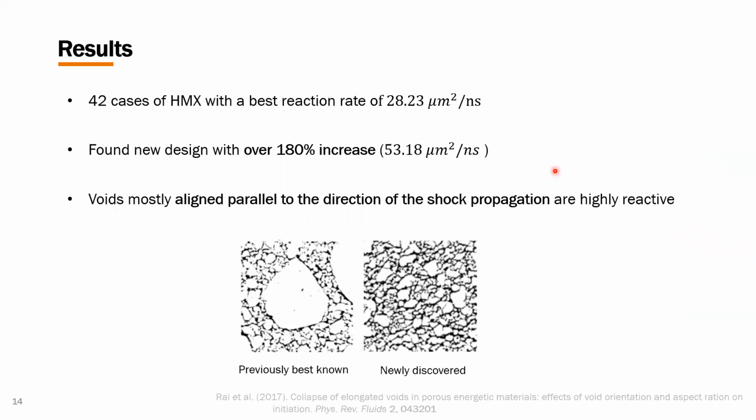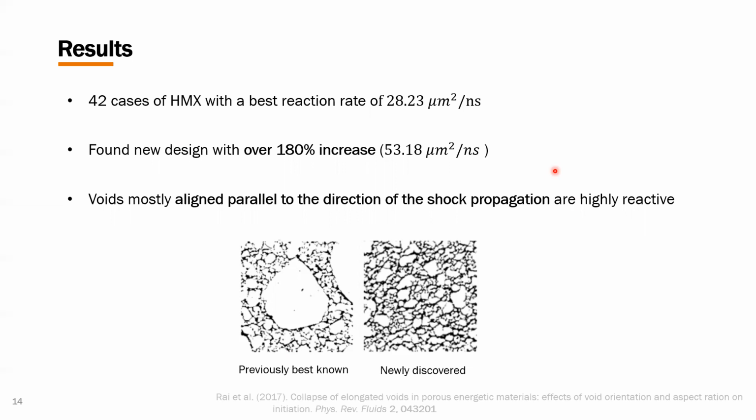In order to validate our suggested framework, we optimized the microstructural design of HMX, which is a high explosive known for strong SPP linkage, for the maximal reaction rate as a targeted property. We started with 42 labeled cases of HMX with the most reactive microstructure having 28.23 micrometer square per nanosecond.